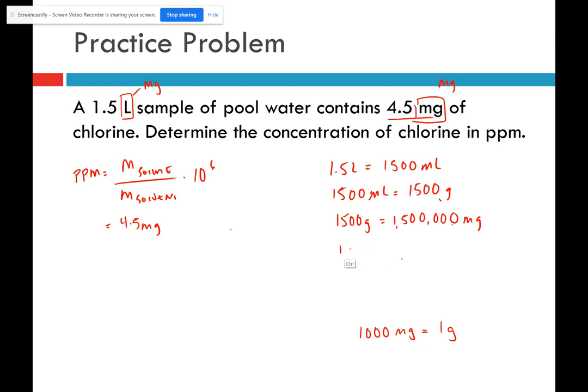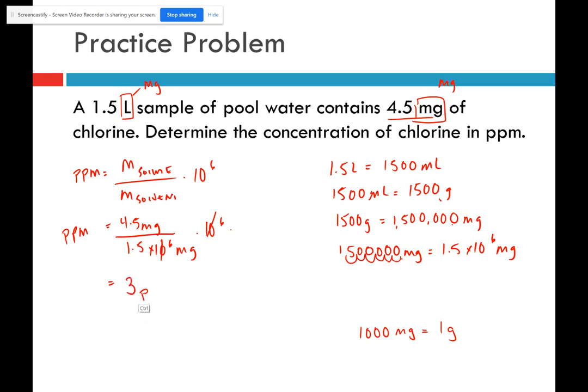To make this a little easier, this is equal to 1.5 times 10 to the 6 milligrams. If I put that in here, I have 1.5 times 10 to the 6 milligrams times 10 to the 6. Well, these 10 to the 6's can cancel each other out. So I'm really left with 4.5 divided by 1.5, which gives me 3 parts per million.